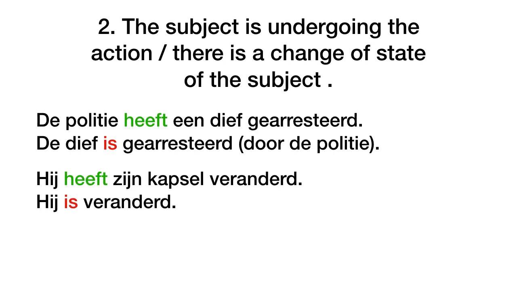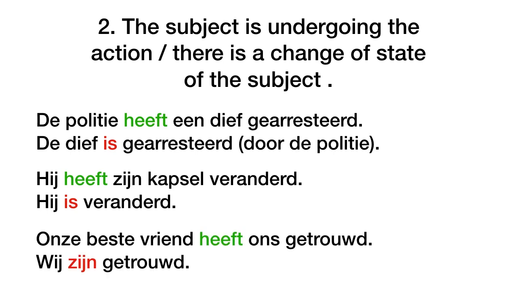Also here, the subject is undergoing the action. And there is a change of state of the subject. The subject changes. This is why we use a form of zijn. Let's look at our last example. Onze beste vriend heeft ons getrouwd.